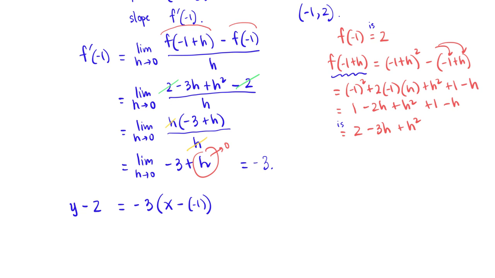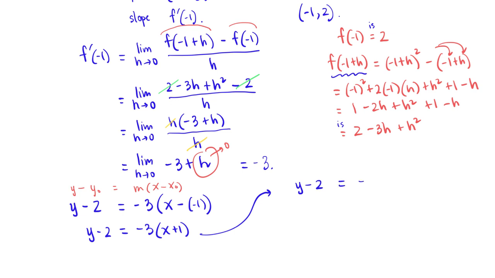This is of the form point slope form: y minus y naught equals m times x minus x naught, where x naught is a, negative 1, and y naught is 2, the corresponding y value for the given x. Simplifying this, we have y minus 2 equals negative 3x plus 1, or y minus 2 equals negative 3x minus 3.